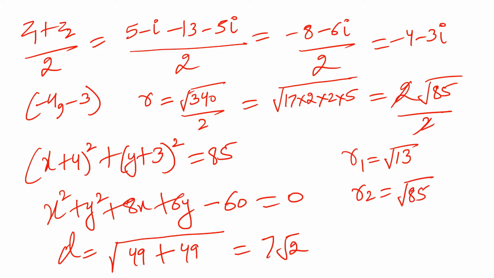Under root 13 is approximately 3 point something, and under root 85 is 9 point something. Now roughly I can say D, which is 7 root 2, so again 9 point something, will lie between mod of (R1 minus R2) and R1 plus R2. So that means we can clearly say that these two circles will intersect each other in two distinct points. Now this information is really going to help us.